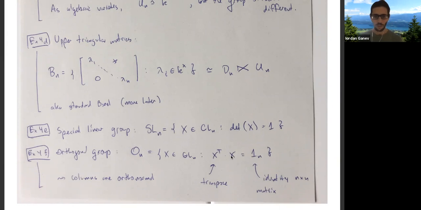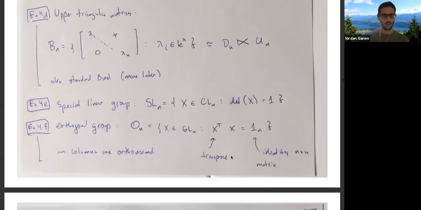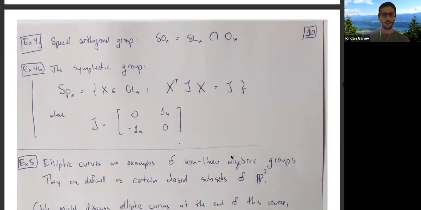We have the orthogonal group, defined by the condition x transpose x equals 1. So all the columns are orthonormal, they form an orthonormal basis. There's also the special orthogonal group, which is the intersection of SLN and the orthogonal group, so these are orthogonal matrices with determinant 1.